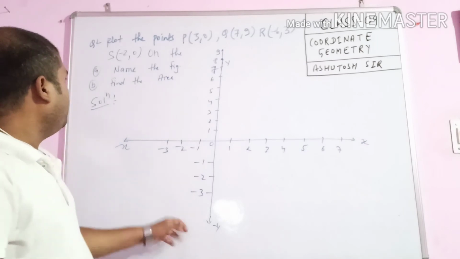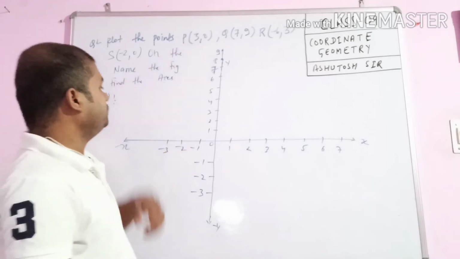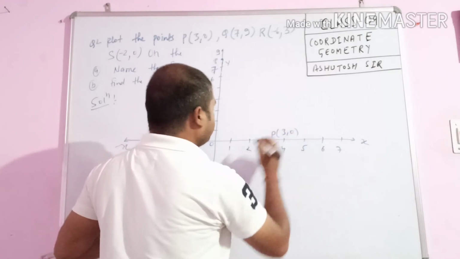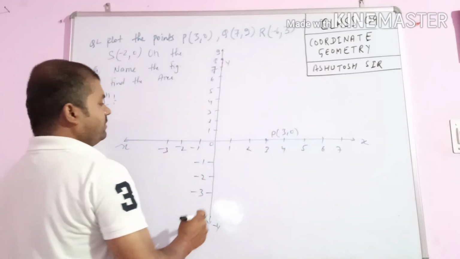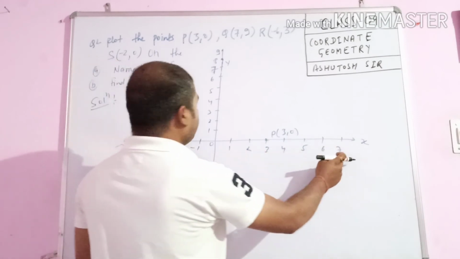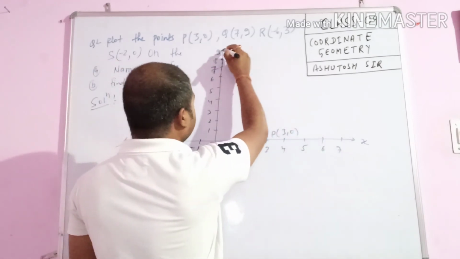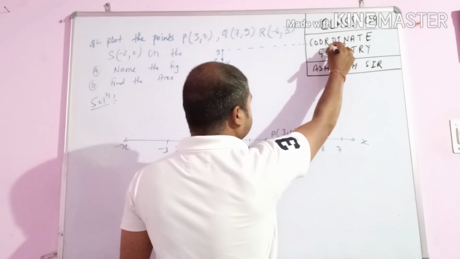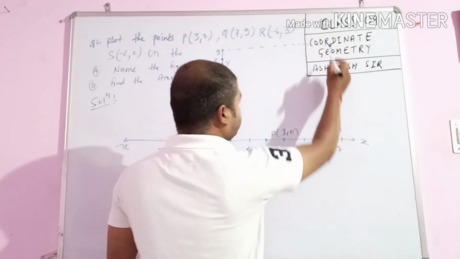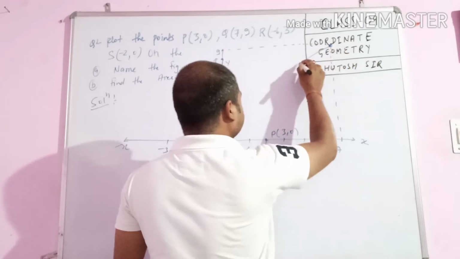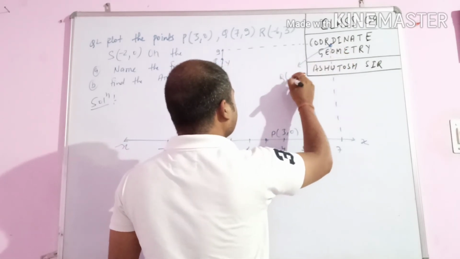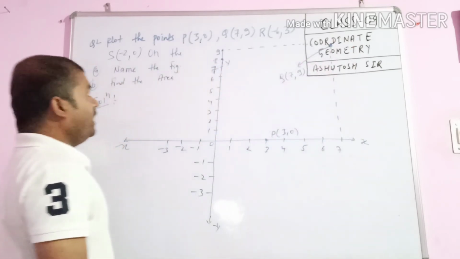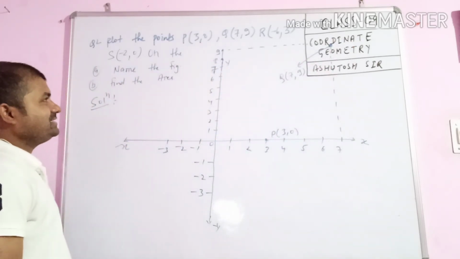Then plot the points. Okay, P 3, 0. So 3, 0 is here, and Q 7, 9. On the x-axis it is 7 and on the y-axis it is 9. This point is Q 7, 9. And R is minus 6, 3.